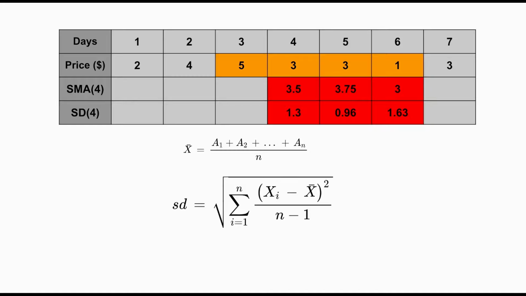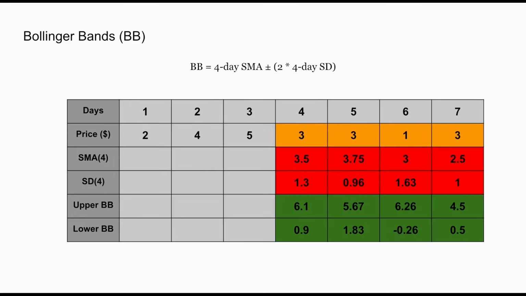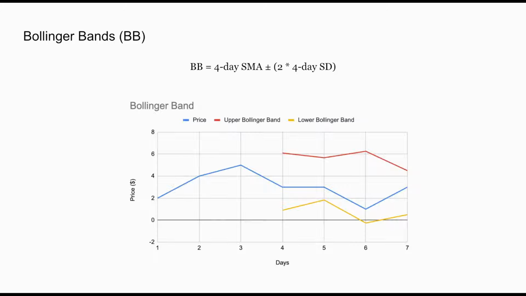The orange color helps to visualize the window, and the red color shows the calculation of the 4-day SMA and standard deviation. Using this table, you can check the calculated values of Bollinger Bands of our imaginary asset and visualize the findings using the graph. After the foundation we built on Bollinger Bands, let's go to the platform and see how we can use them.